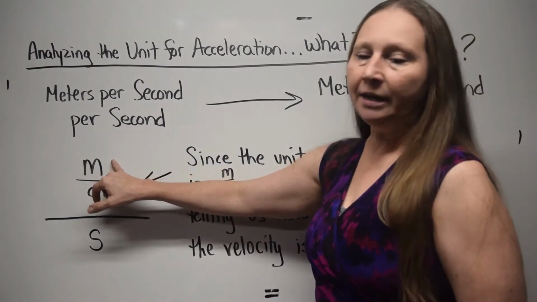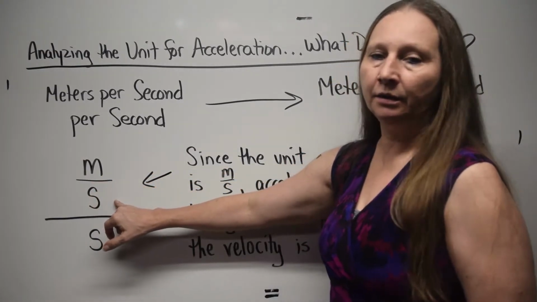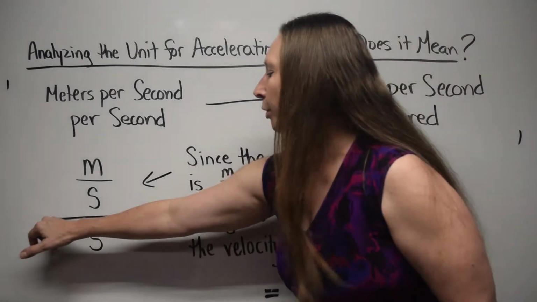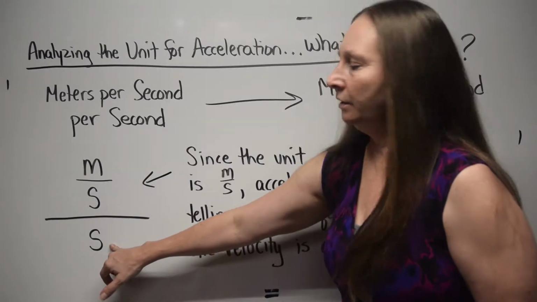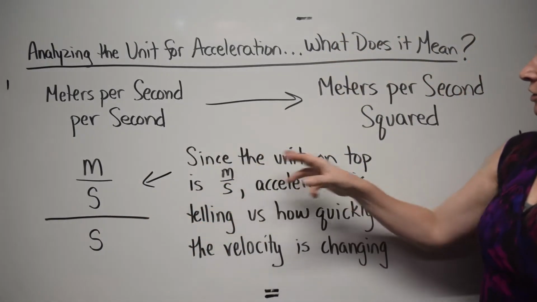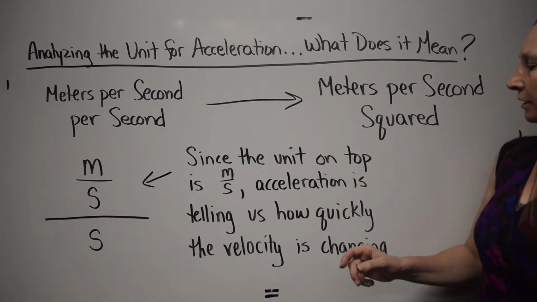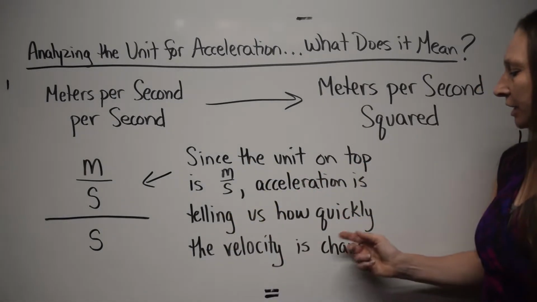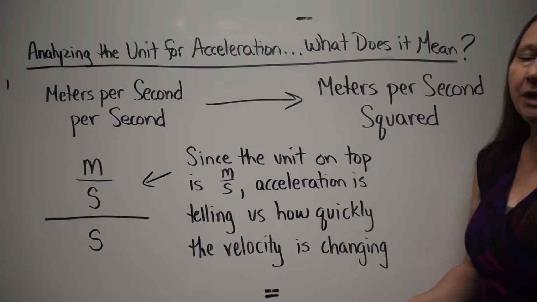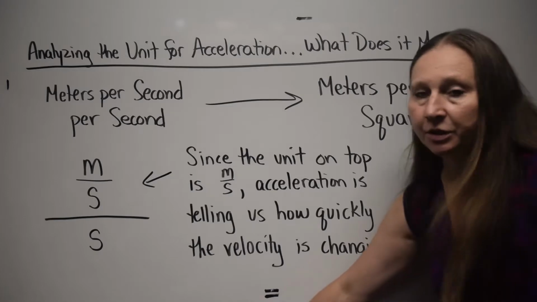So it would look like this: meters per second, that's the unit for velocity, per second. That's the unit for time. So since the unit on top is meters per second, acceleration is telling us how quickly a velocity is changing, or how quickly a speed is changing, to keep it simple.